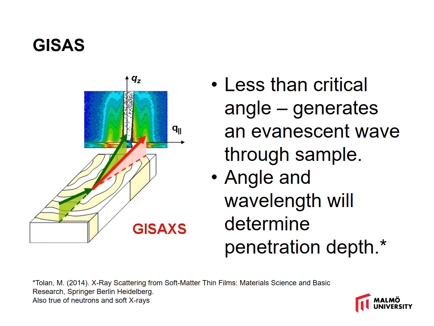It generates a 2D scattering image on there. The angle and wavelength will actually determine the penetration depth into the sample. And I've given a reference there for X-rays, but this is also true of neutrons and soft X-rays.